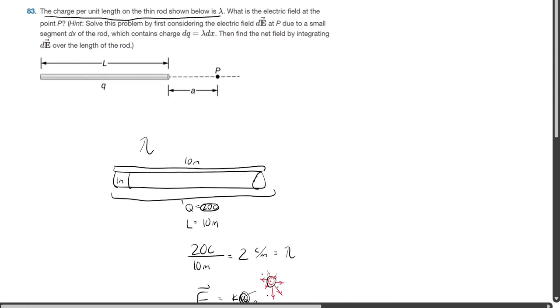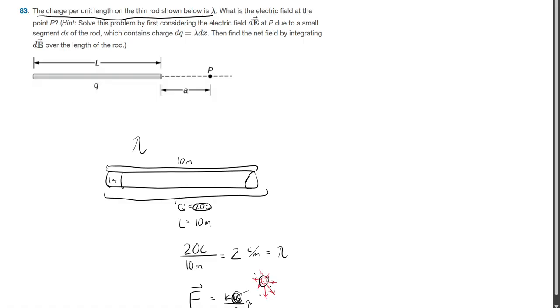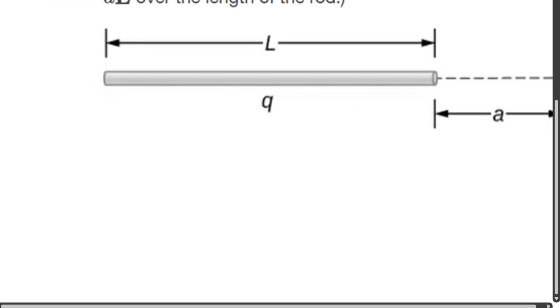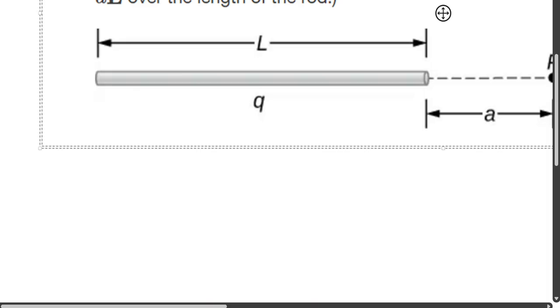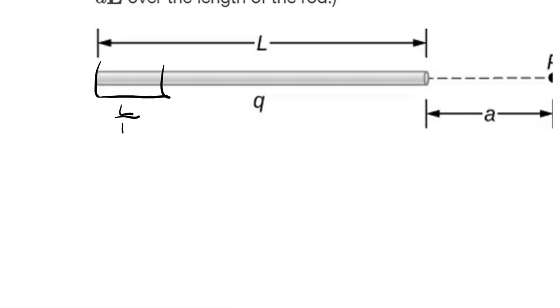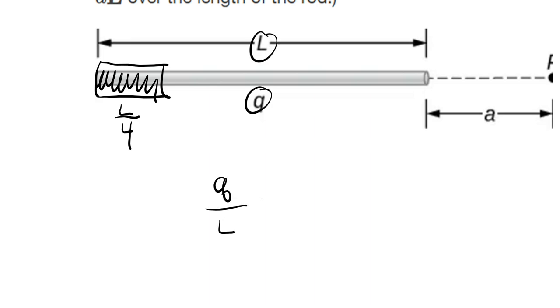Well, for this problem, when I look at a charged line with some lambda, I know that for each section of this line charge, let's say I pick this, and this is L over 4, if I want to know the amount of charge stored in that section, I know that Q over L equals lambda.